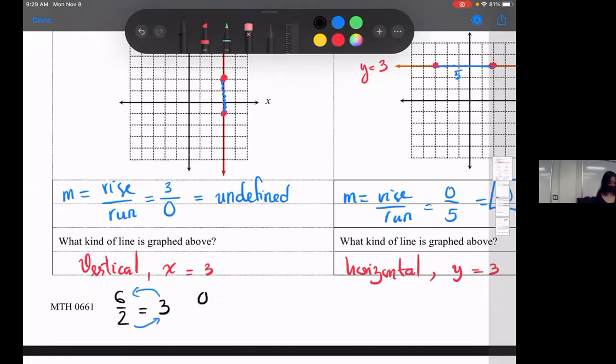If I have 0 divided by 2, which is equal to 0, because 2 times 0 gives back 0. Try this. If I take 2 divided by 0, what number times 0 gives you back 2? None, right? So undefined.